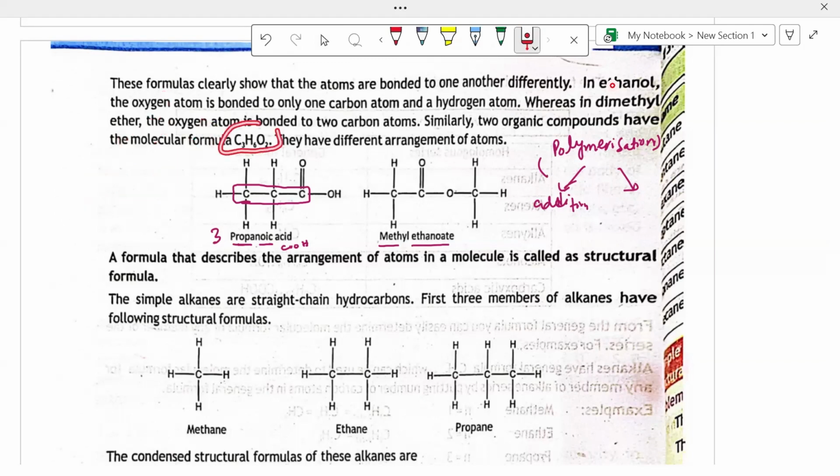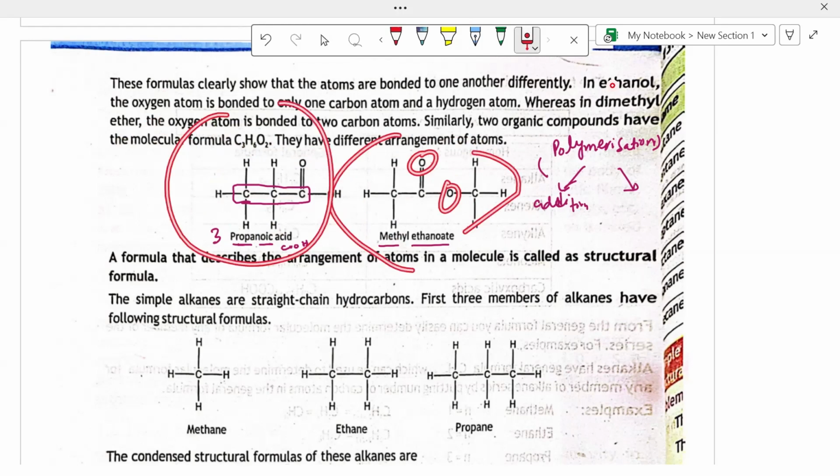But this does not mean that they belong to the same family. See, I have three carbons, one, two, three, four, five, six hydrogens, and two oxygens. Here I also have three carbons, six hydrogens and two oxygens. But are they the same? Do they belong to the same family? No.